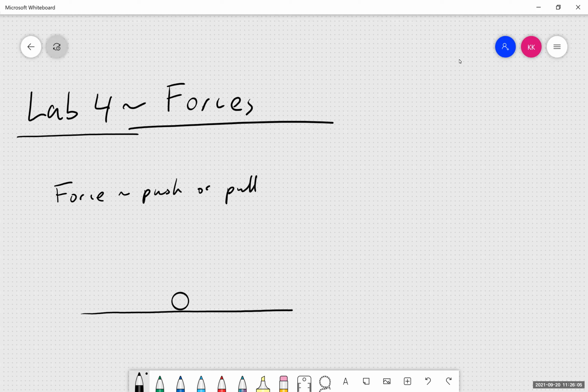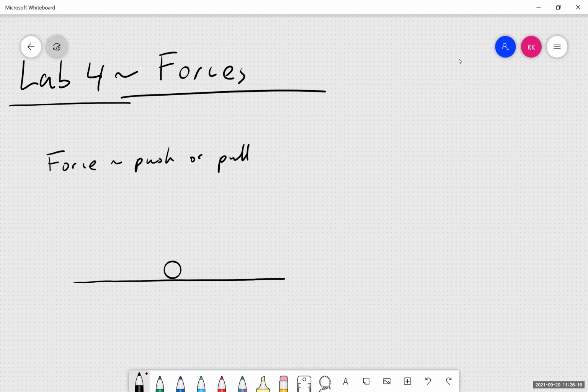Even an object at rest has 2 forces acting on it, and those forces are, one of them always gravity, because gravity is one force that's always acting, and the other one is normal force, which comes from the surface. That means the idea of force is best described with what we call a net force.